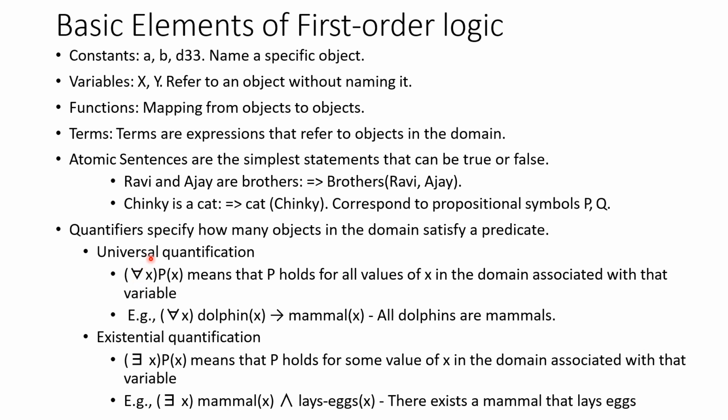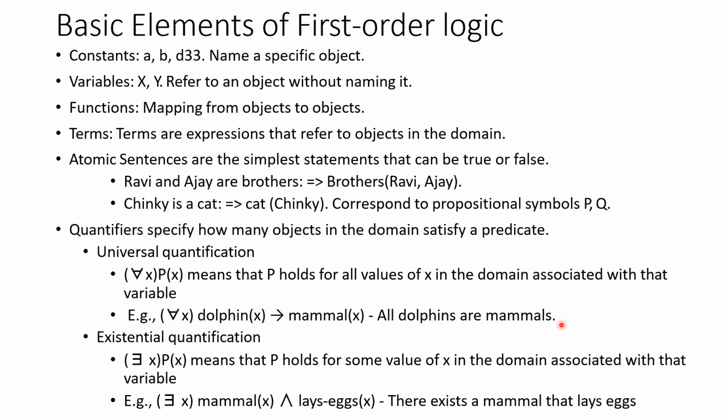This symbol is used for representing the universal quantifier. It means that P is true for all values of x. For all x, dolphin(x) implies mammal(x). That means all dolphins are mammals. For every x, if x is a dolphin, then x is a mammal.